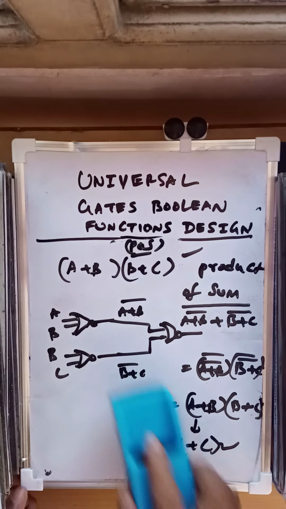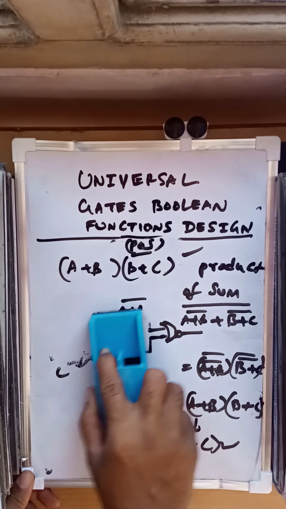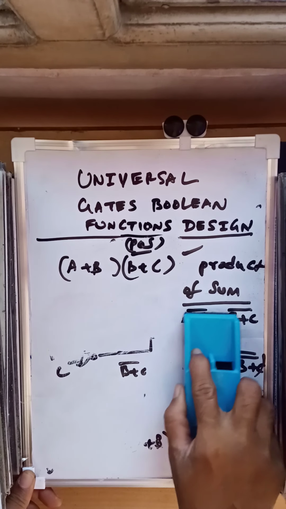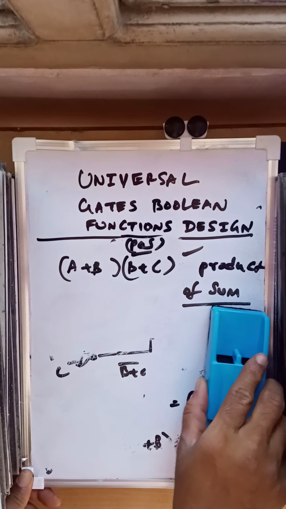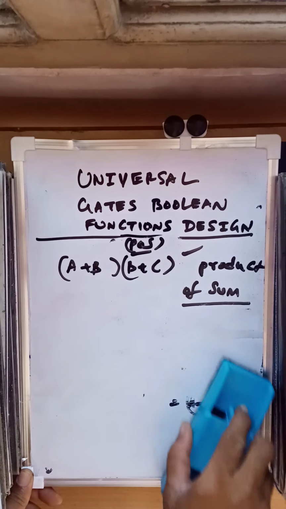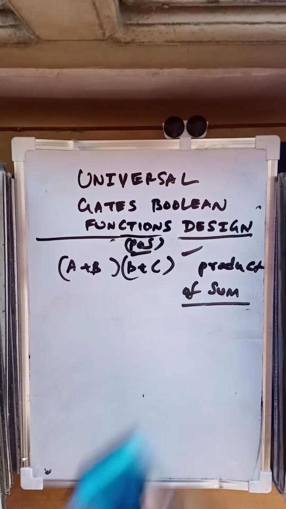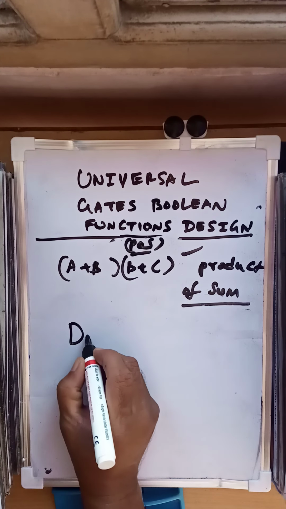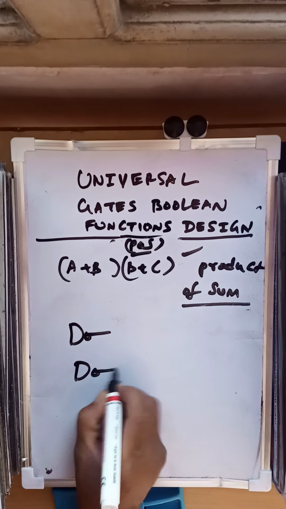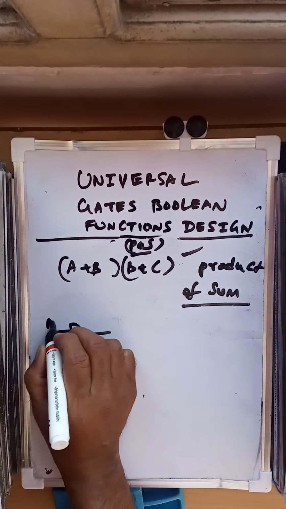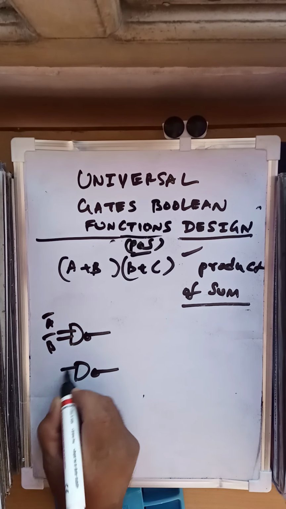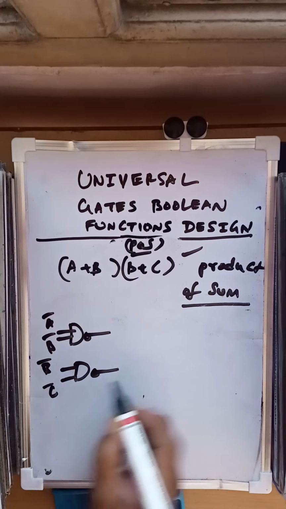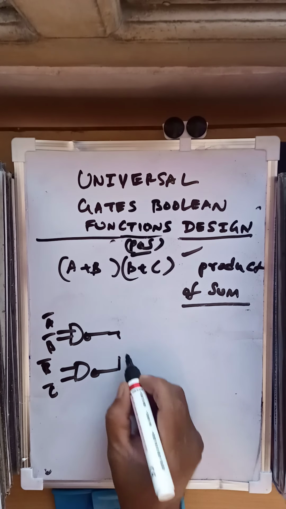But coming to the NAND gates implementation, how to solve it? For NAND gates implementation, it's simply reverse inputs as we discussed. This is A bar and this is B bar and this is B bar and this is C bar, reverse inputs.